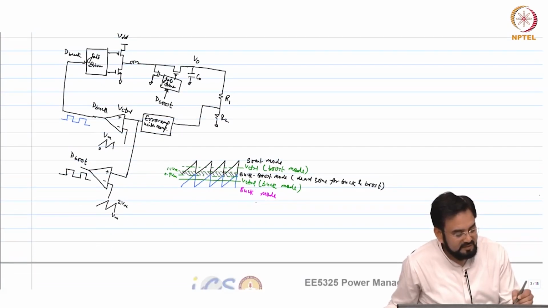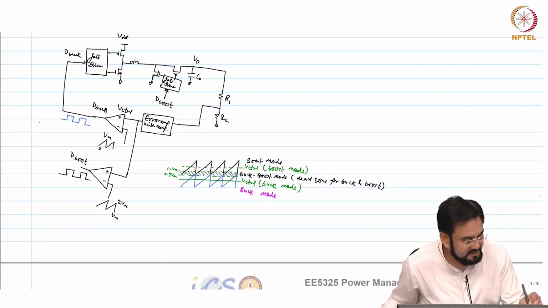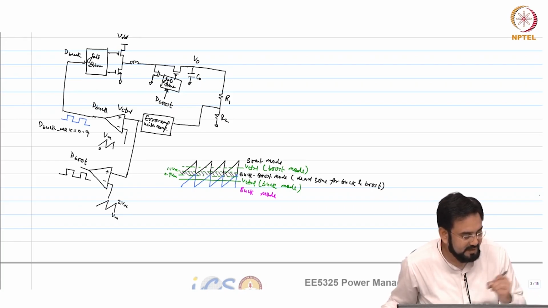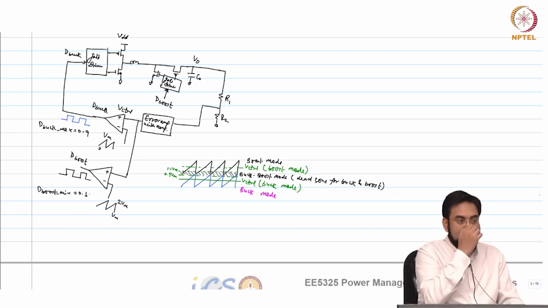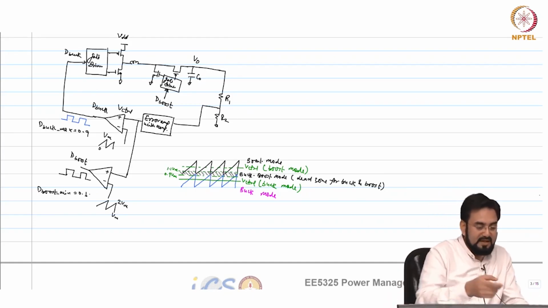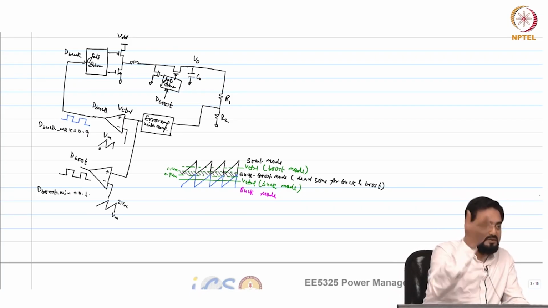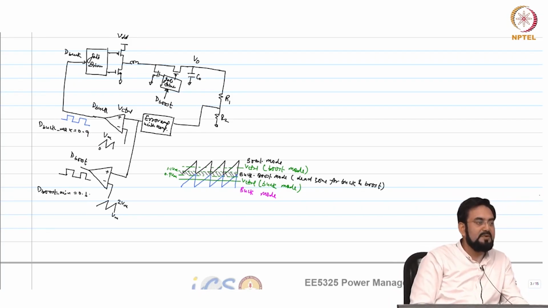So this is saturated, so Dbuck max is 0.9 and Dboost min is 0.1. So between 0.9 of your buck to 0.1 of boost, you operate in buck boost.